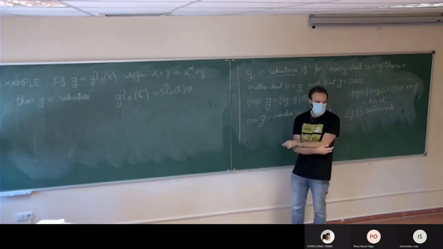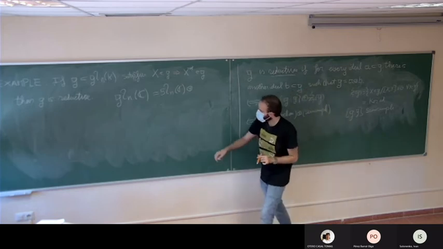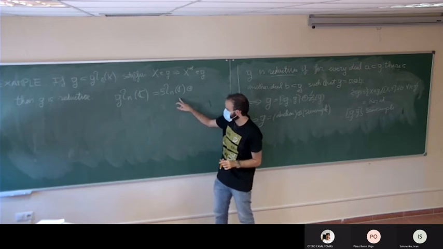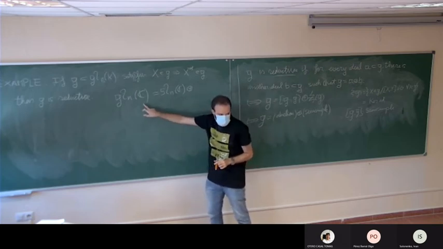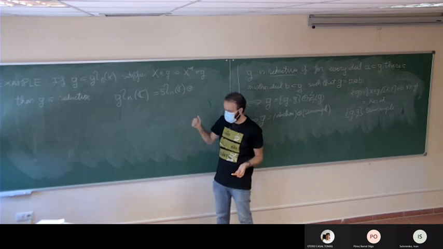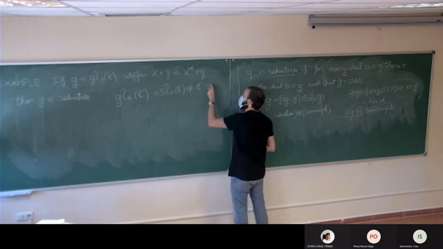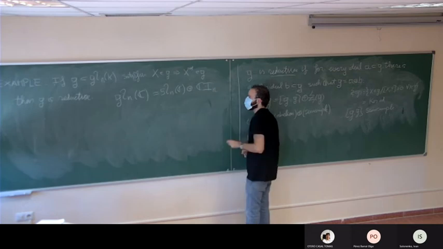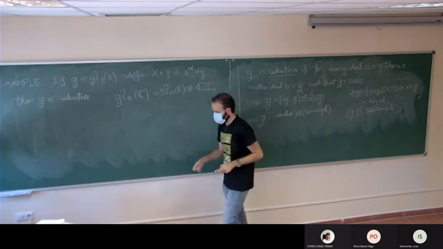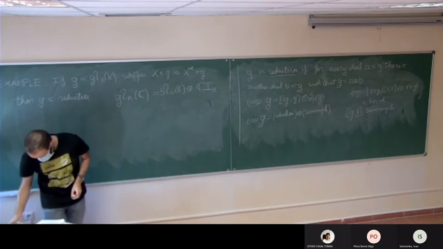So what's the other part? A very important clue: the dimension of sl_n(C) is the dimension of gl_n(C) minus 1. So tell me an element which commutes with all matrices. The identity. This is the center, and this is the semisimple part, which is also the commutator. Okay.